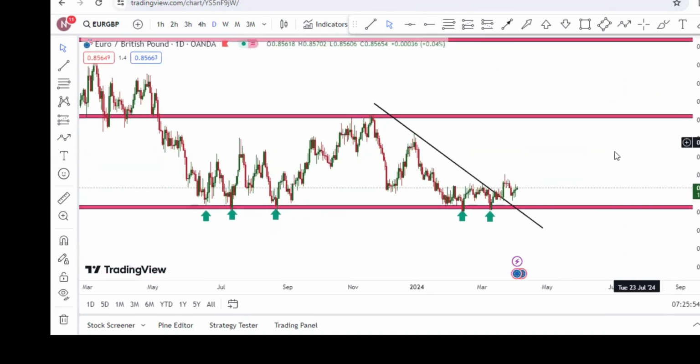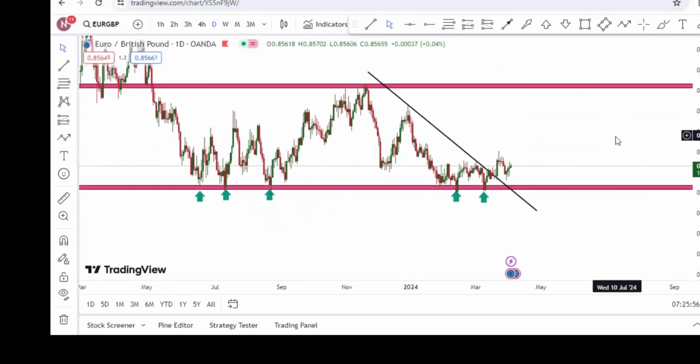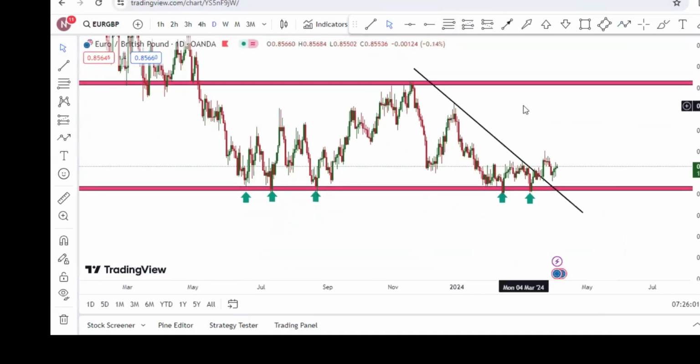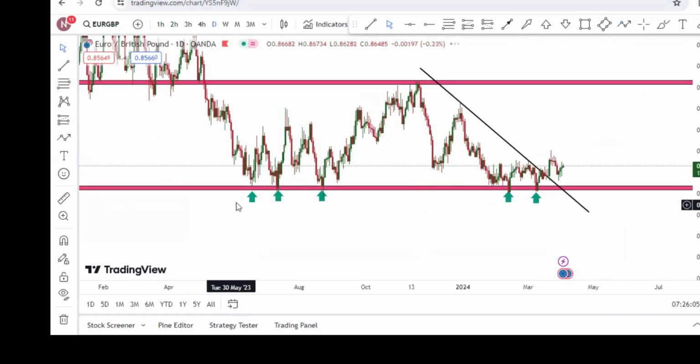This is what I'm anticipating on daily. You can see clearly that this is a level. You can see the market respected here, here, here, here, and also here. Out of that, I drew my counter trend line.